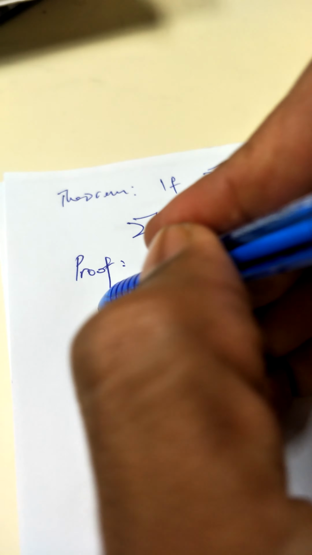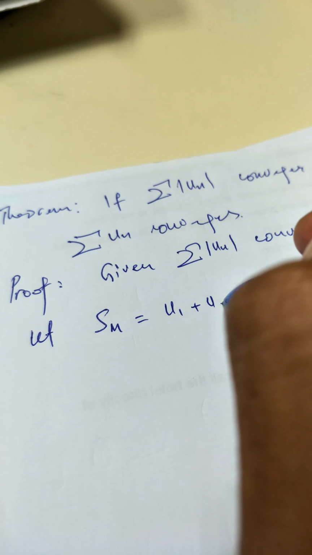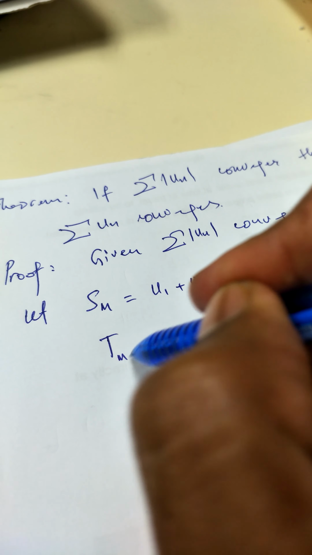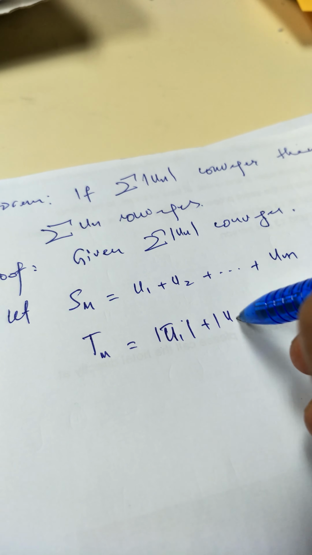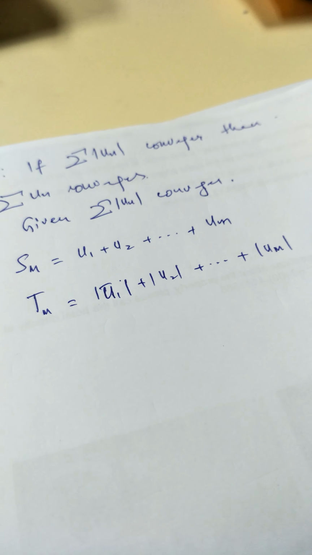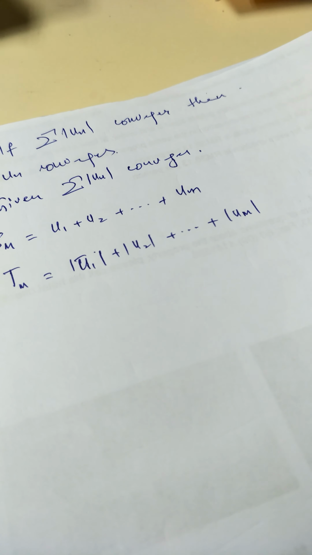given in the theorem that the series of absolute values converges, let Sm be u1 plus u2 plus up to um, and Tm be the absolute value of u1 plus the absolute value of u2 plus so on up to the absolute value of um. Sm is the summation and Tm is for the absolute values.